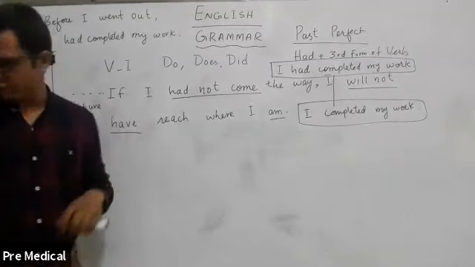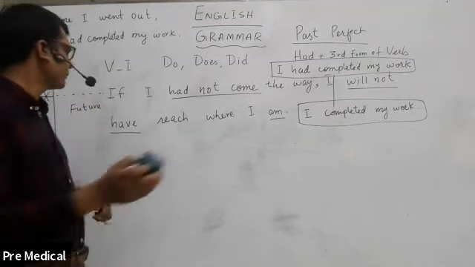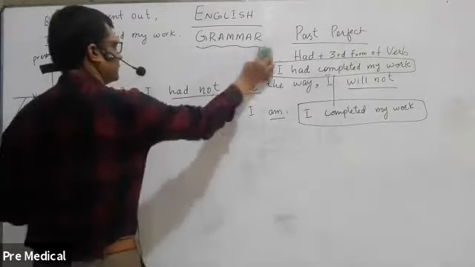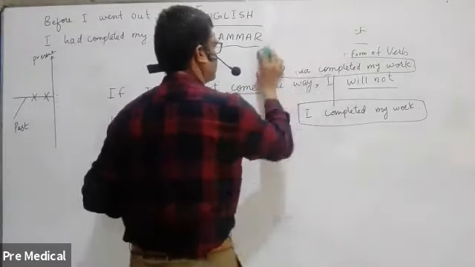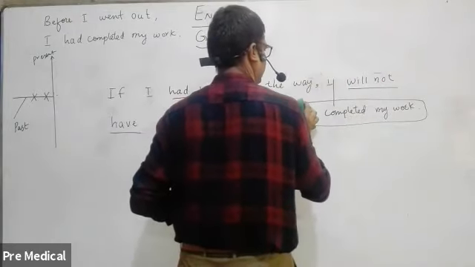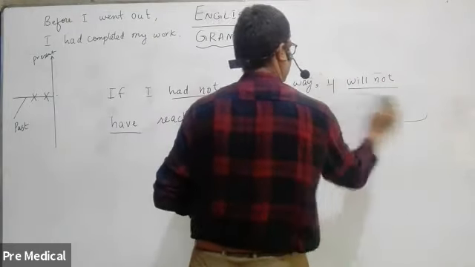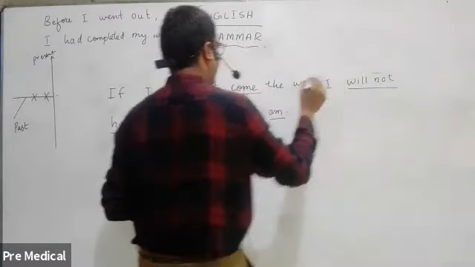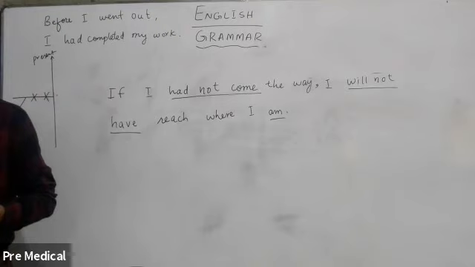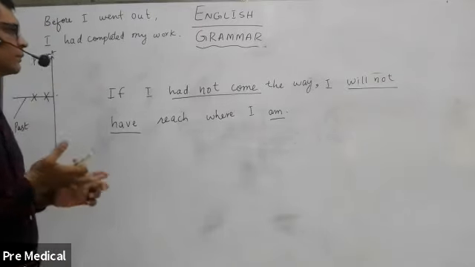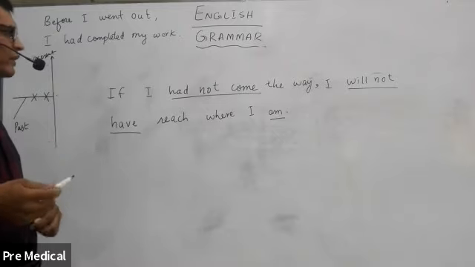If we get back to our example, we'll see that our sentence is: if I had not come the way I came, if I had not come the way, I will not have reached where I am.